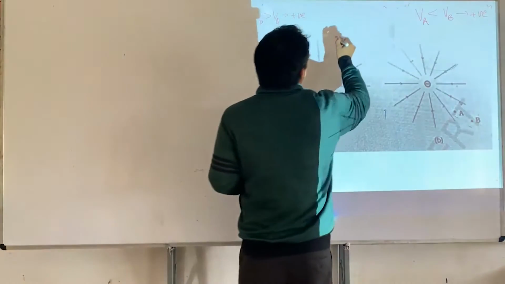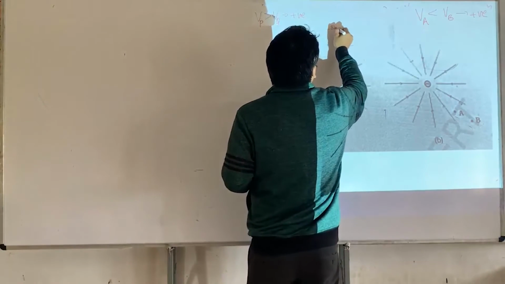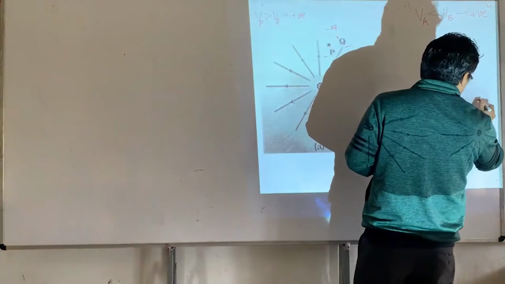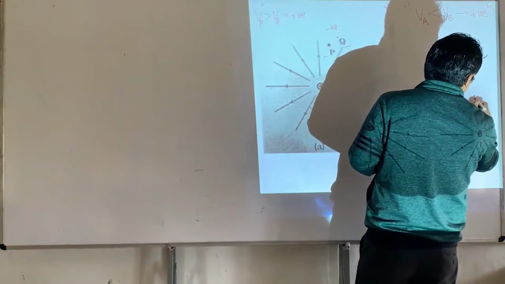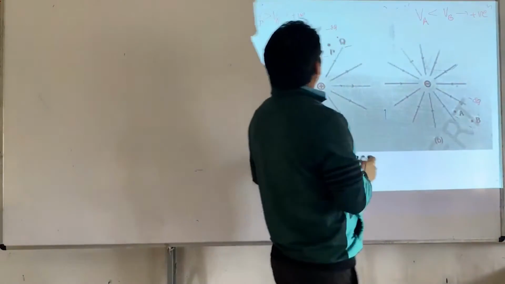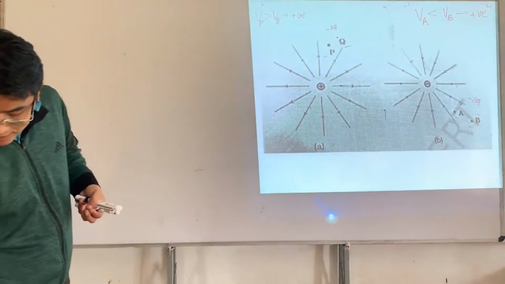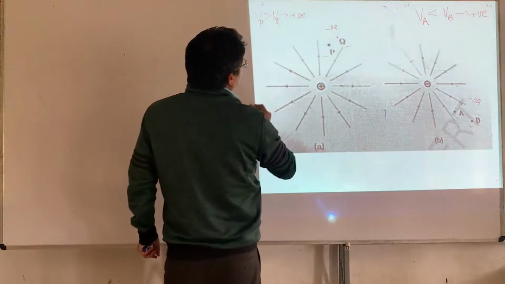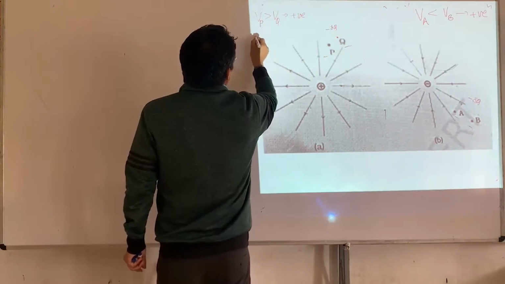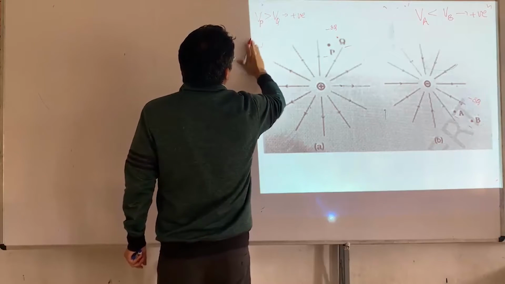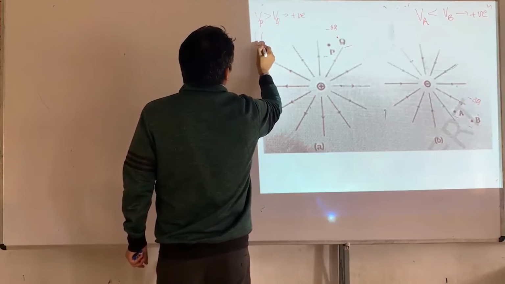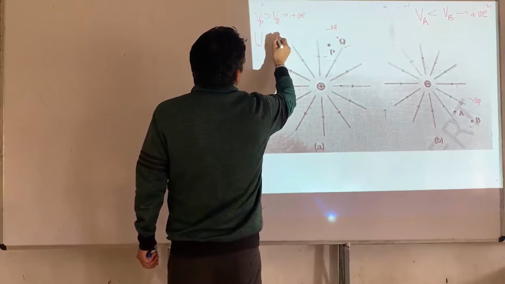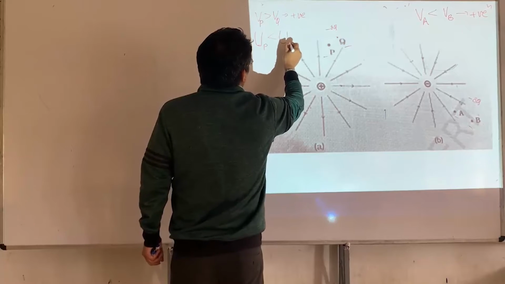If I bring a small negative charge, the potential energy at P is less than the potential energy at Q. Why?